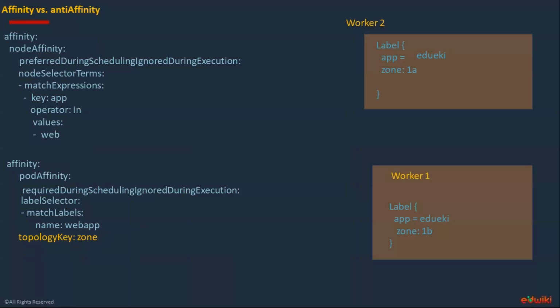Why? The condition is you check for the existing pod. If there are some existing pods with the label called name colon web app, then you prefer that. In this case, I don't have any pods running with the same label, so it will not select anything. So your pod will not be deployed because it is not matching the existing pods with the label that you have asked for.